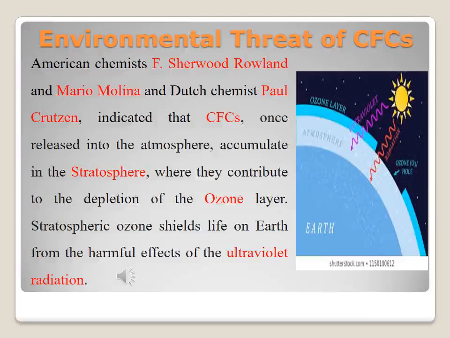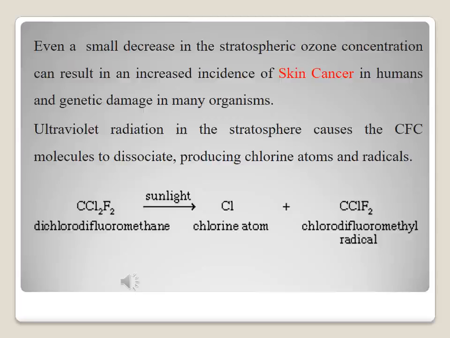The ultraviolet radiation induced breakdown releases free and highly reactive chlorine and bromine atoms from the chlorofluorocarbons. Several subsequent chemical reactions are kick-started by this process, including the breakdown of the stratospheric ozone layer. Even a small decrease in the stratospheric ozone concentration can result in an increased incidence of skin cancer in human beings and genetic damage in many organisms.